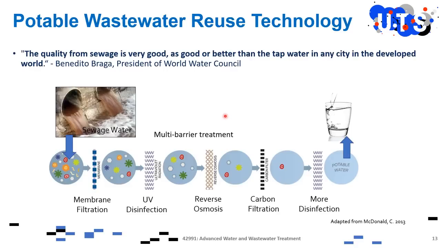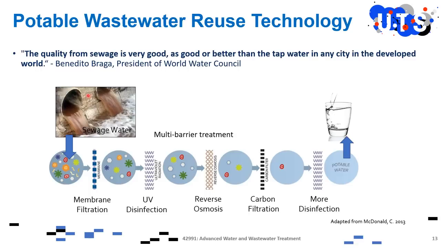And so one of the technologies used, especially for potable wastewater reuse, is a multi-barrier treatment system. The multi-barrier treatment system ensures that all the possible pollutants or contaminants inside the wastewater are treated, or actually not allowed to be present in the produced water or the potable water.